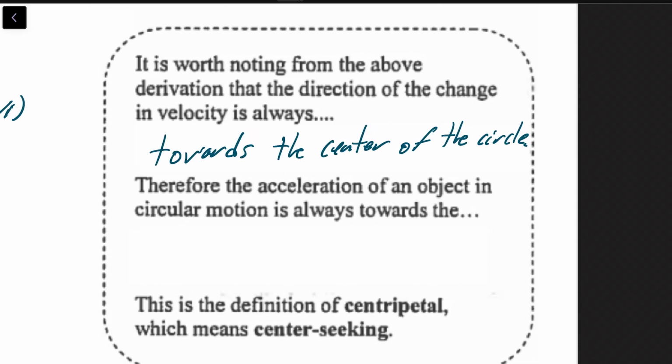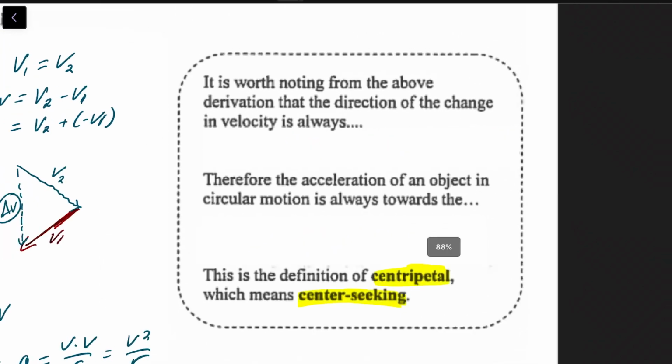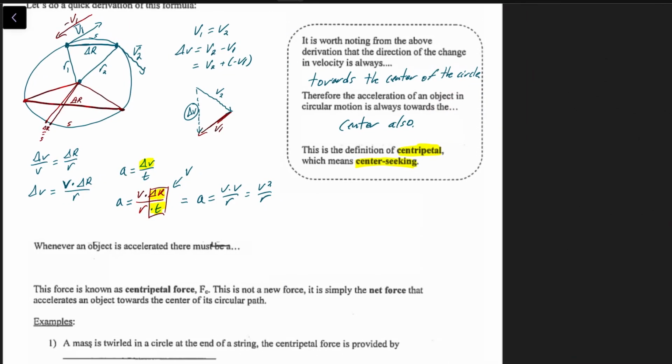So we're trying to find 2 points that are separate but so close together that it gives us a good picture at that point of where the change in velocity is headed. Therefore, the acceleration of an object in circular motion is always towards the center also. This is the definition of centripetal acceleration: motion in general is center seeking, so it goes towards the center. We'll be looking at that a little bit more later on.